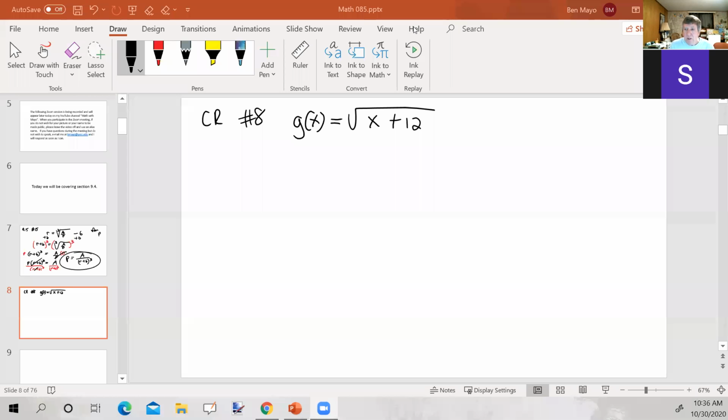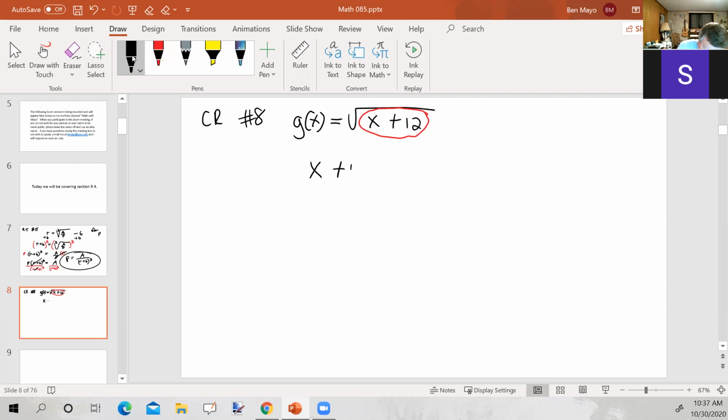Okay. Now, the function involves a square root, that is an even root. You can't take an even root of a negative number. That means that the radicand, the quantity inside of the radical, cannot be negative.